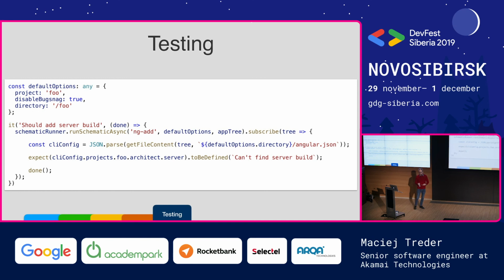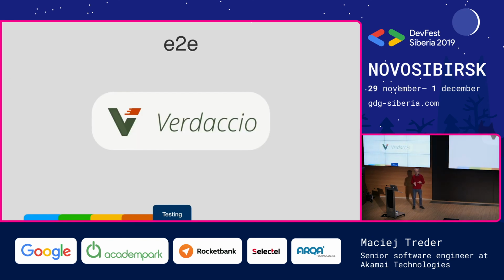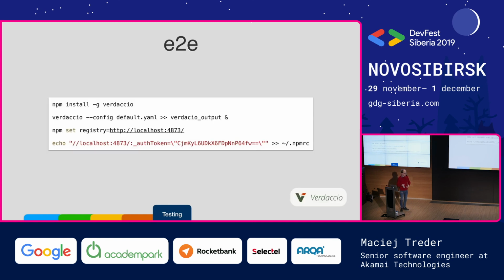What about end-to-end? What I strongly advise you to use is Verdaccio. This is an npm package, which is, I would say, an npm proxy on your localhost system. So as not to publish things to the real npm, there are a couple of reasons not to do that.